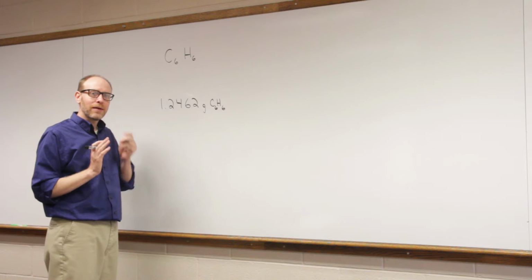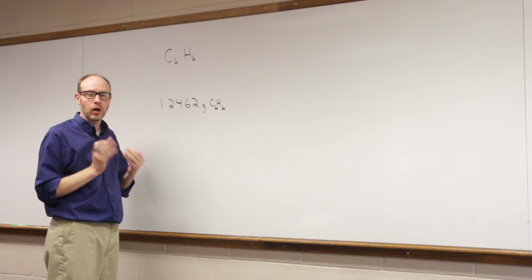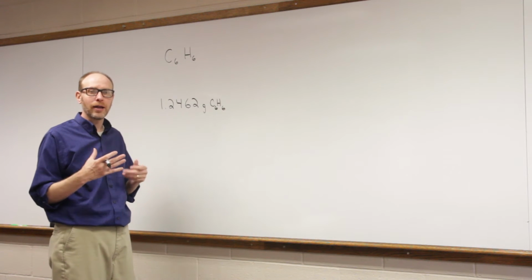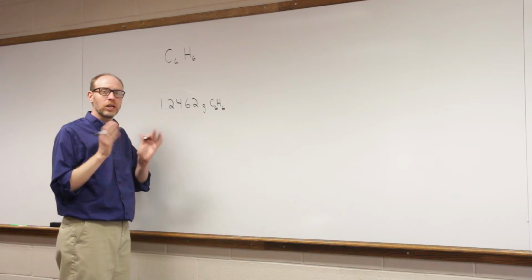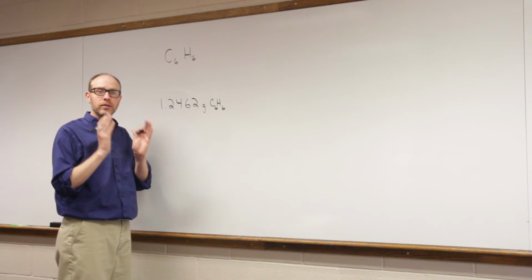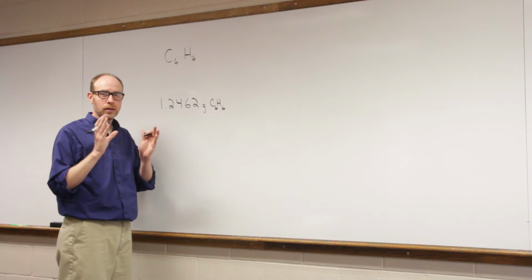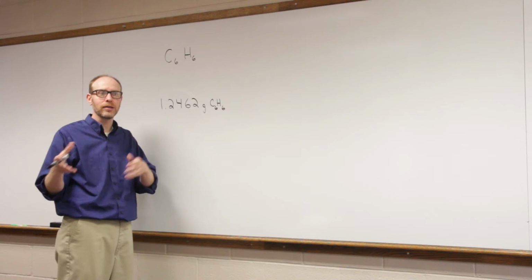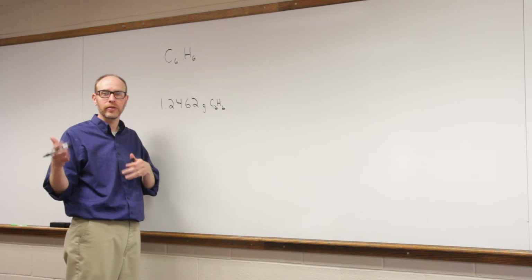Now, we have seen a number of times this idea of the molar mass. We've talked about it before, this idea of the mole concept. What the mole concept is, is that a mole is a unit, just like a dozen, where it tells us how many things are in that particular mole. So in a dozen, there are 12 things. In a mole, there are 6.022 times 10 to the 23rd things.